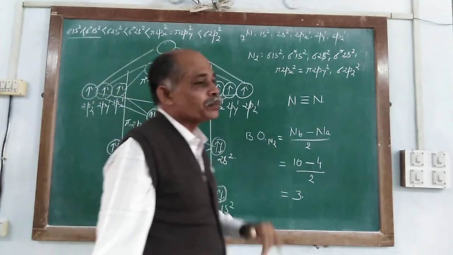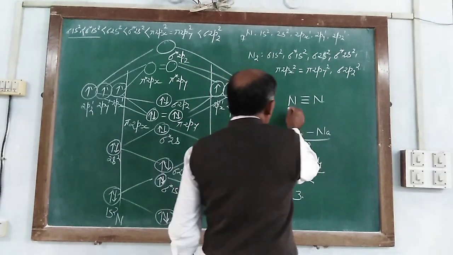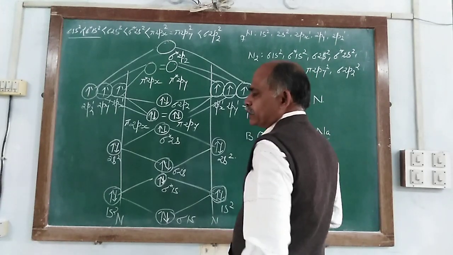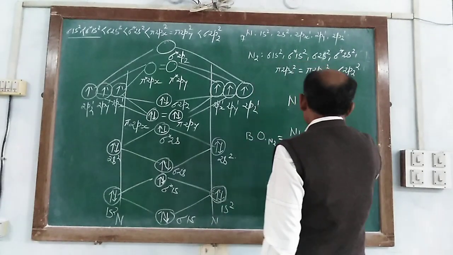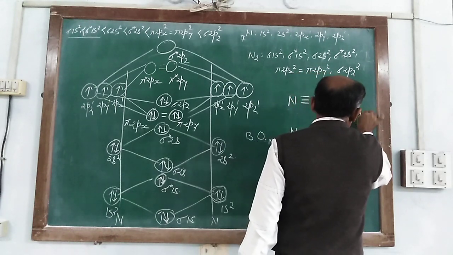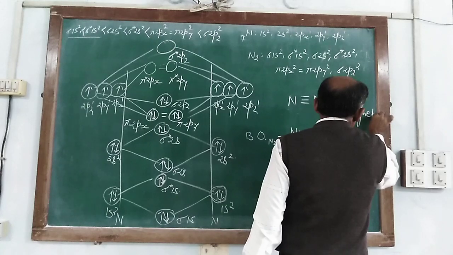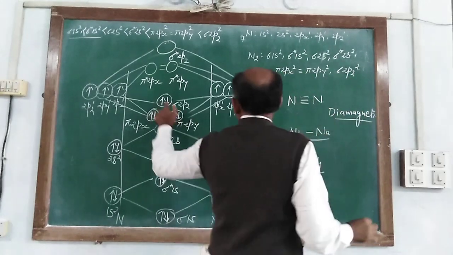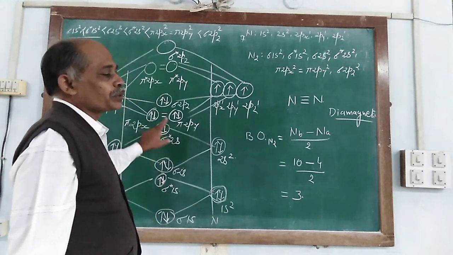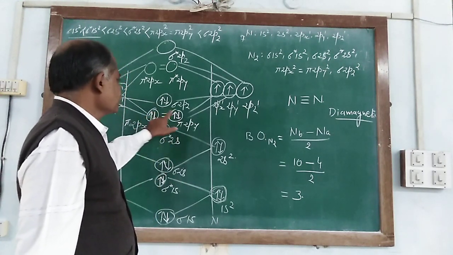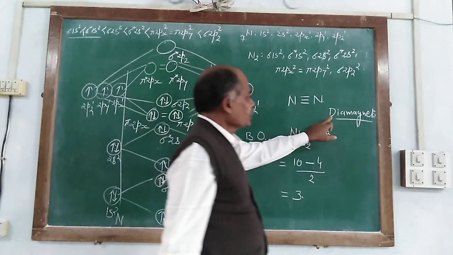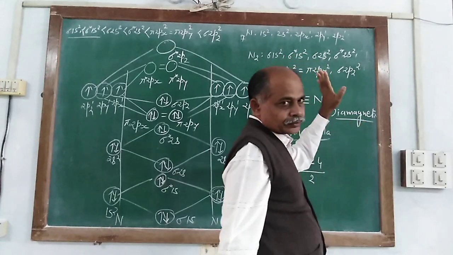So there is no unpaired electron, and it possesses diamagnetic properties. So the N2 molecule is diamagnetic, because there is no unpaired electron in the molecular orbitals.